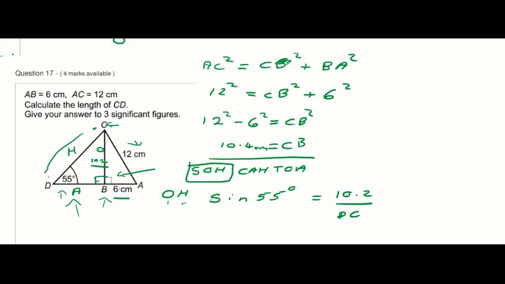So I can say that DC is equal to 10.4 divided by the sine of 55 degrees. And if we plug that into the calculator, it works out to be 12.7 centimetres, correct to 3 significant figures. And that's the answer to question 17.